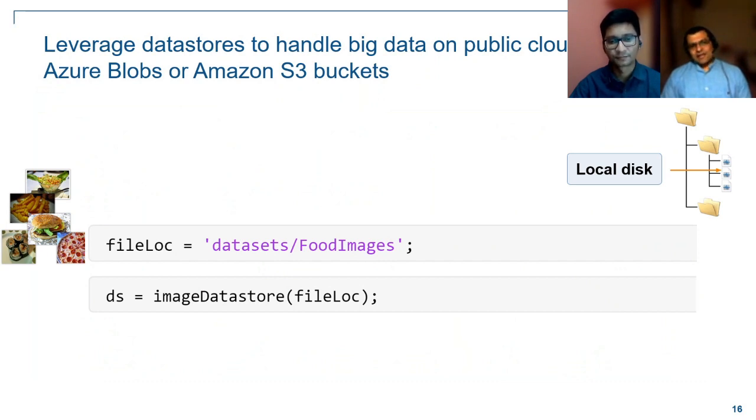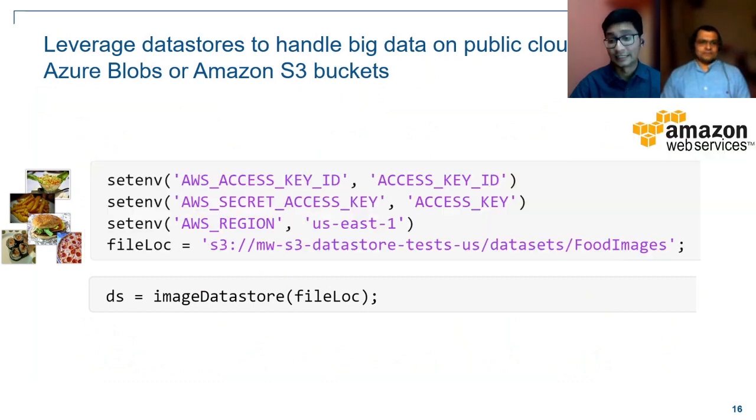How do I access that huge data, either from S3 or, let's say, blob storage? That's a very interesting question. Just by specifying the environment variables or the credentials for those buckets or storage, you can pull the data. What you see here is we are setting the environment variables for accessing the AWS S3 bucket. Those are very minimal changes in the code.